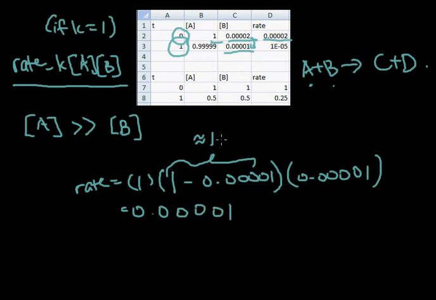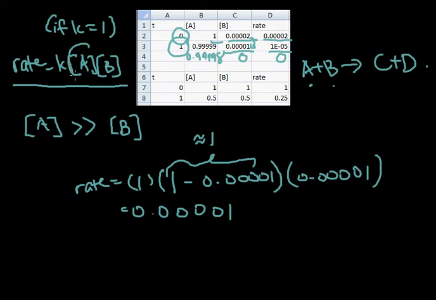So we can see here, actually I use Excel here, and they approximate 1 times 10 to the power negative 5, which is 0.00001. Because this is about 1, we can do an approximation, and we say that even when B totally diminishes to 0, the rate becomes 0, but A is still like 0.99998. So it's really about the same throughout the whole reaction.